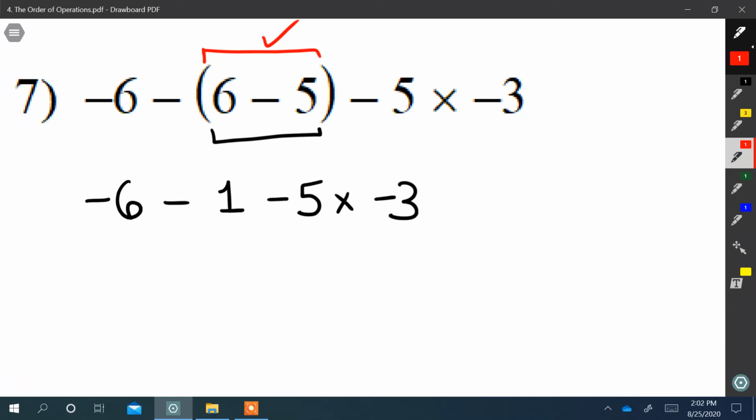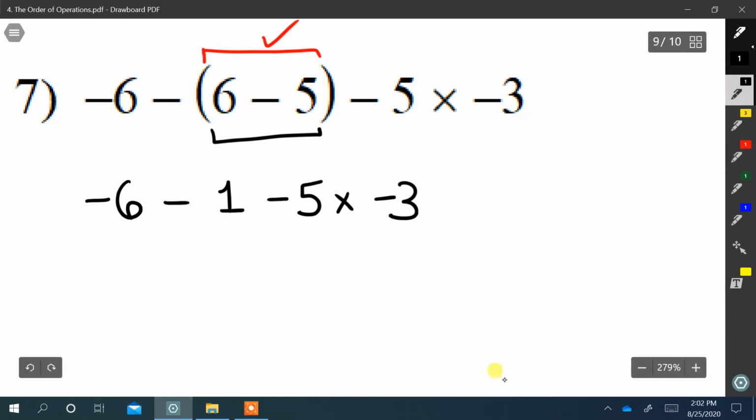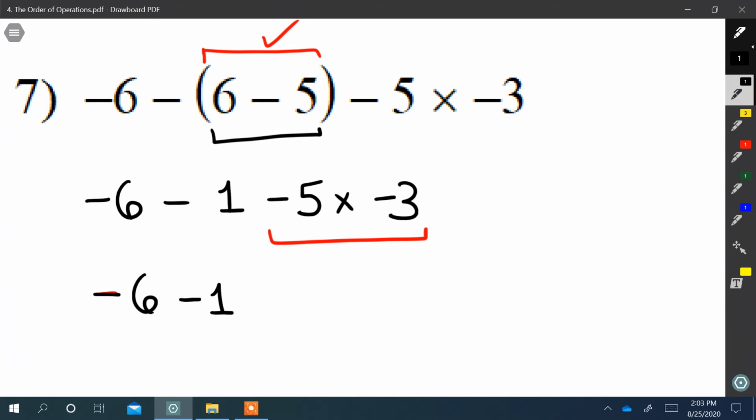You have to be careful with that. You've got to multiply first. So in here, I'm going to multiply this negative 5 times negative 3. Negative 5 times negative 3 is going to give me positive 15. I'm going to put a plus sign there to illustrate that it's a positive.